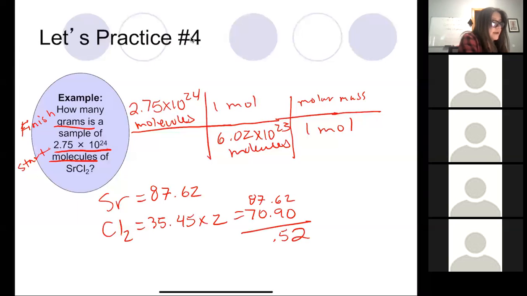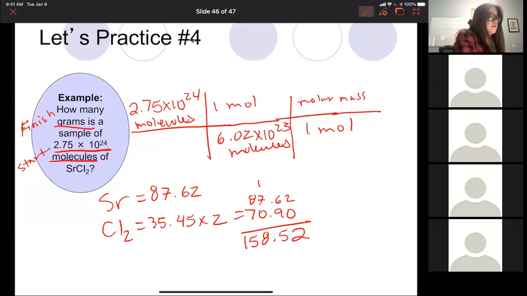That's 158.52 grams. And that's always in grams.